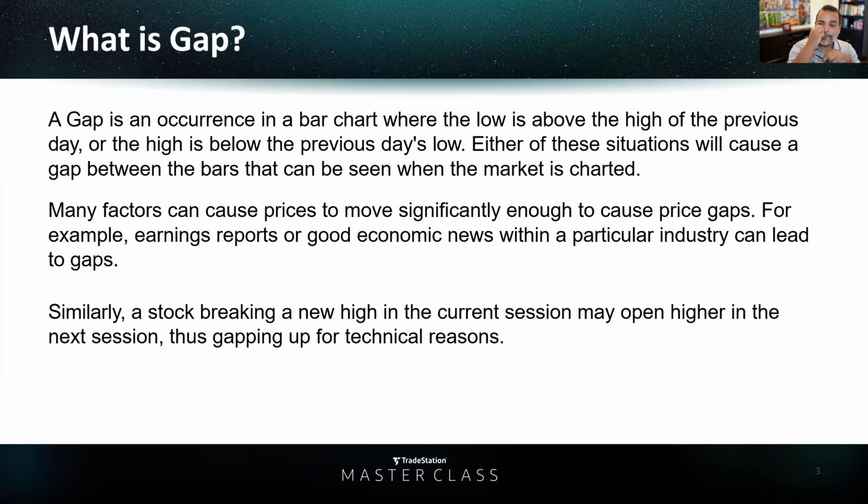They gap for these technical reasons, everyone expecting a break on a 52-week high or a 52-week low. That, of course, creates expectation and may drive the prices up or down in the form of a gap. Let's take a look at some of the studies in TradeStation that can help you identify this.